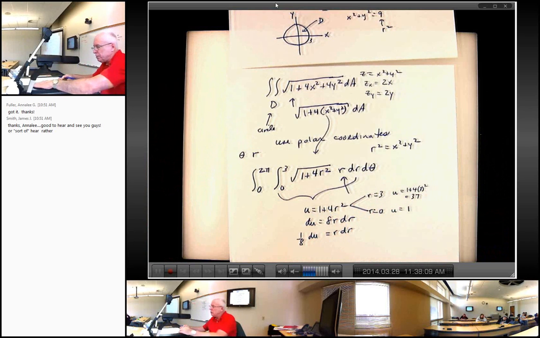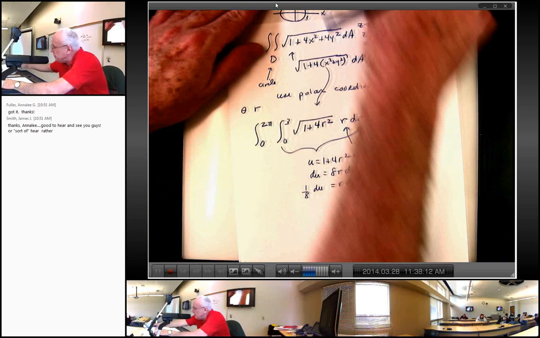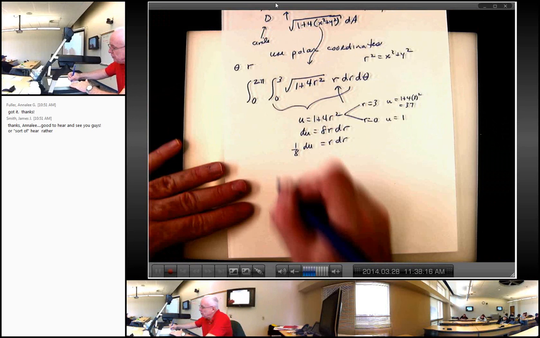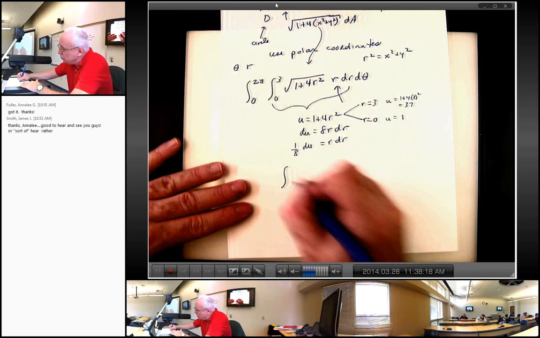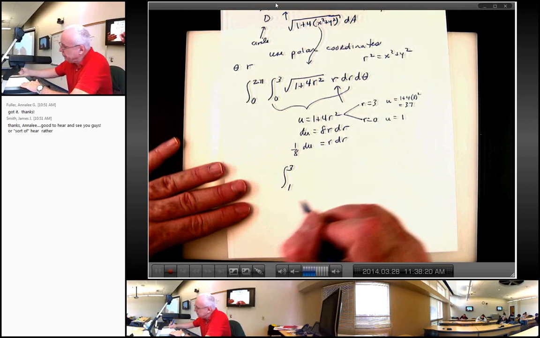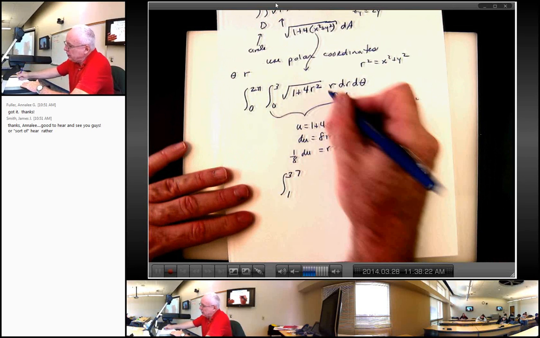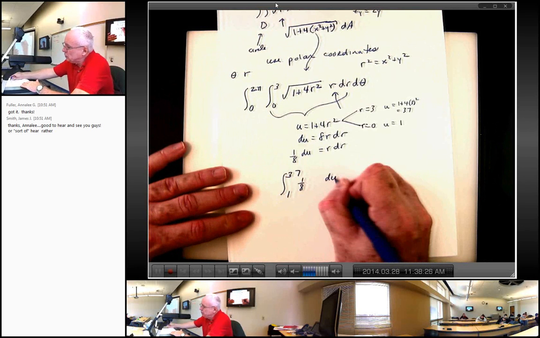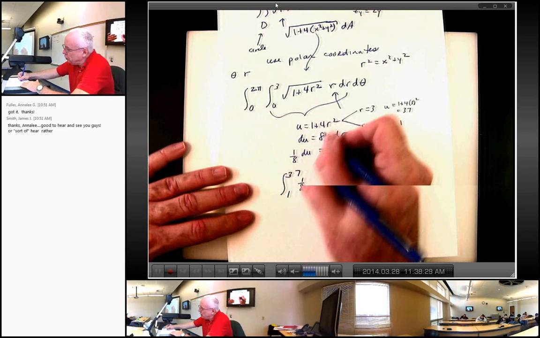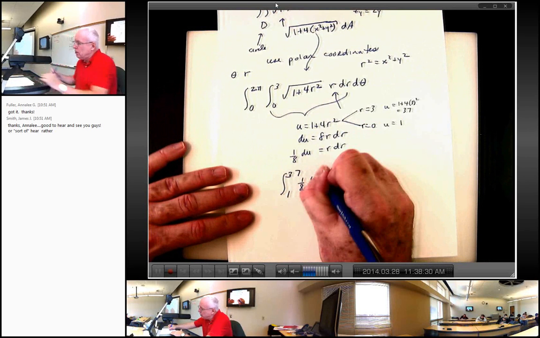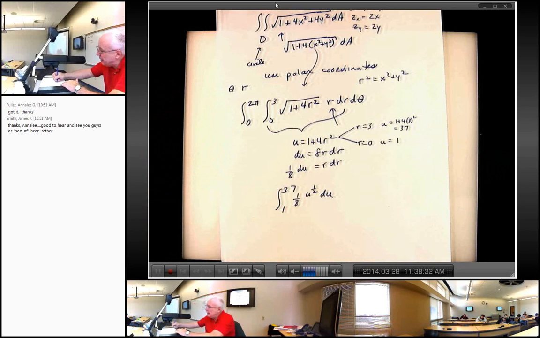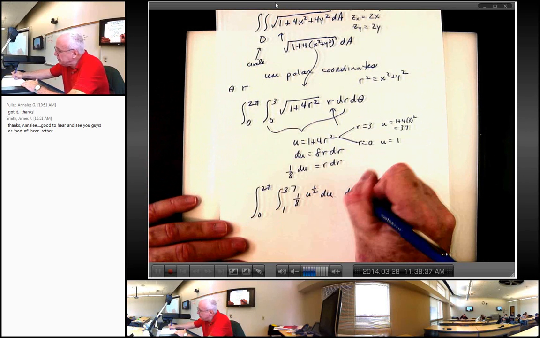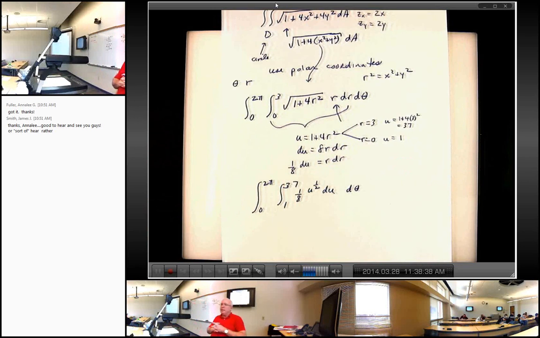So I'm just going to replace my limits of integration and stay with u. So this is from 1 to 37. Okay, r dr gets replaced by 1/8 du, square root of u, to the 1/2 power. That's my inside. I still have my outside 0 to 2 pi d theta.